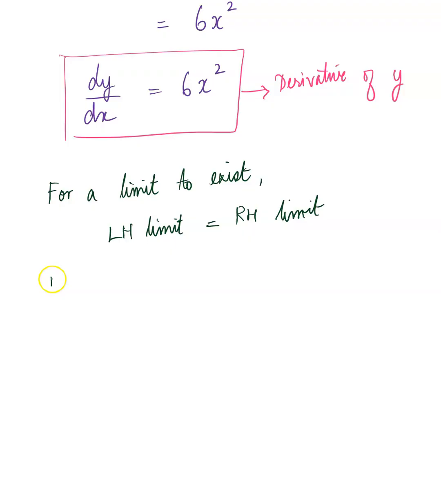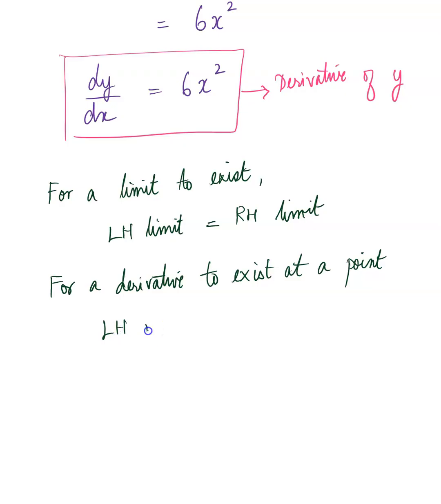Similarly, for a derivative to exist at a point, let's say x equals c, then you should be able to find the left-hand derivative and the right-hand derivative at c to be the same number. So your left-hand derivative must be equal to the right-hand derivative.